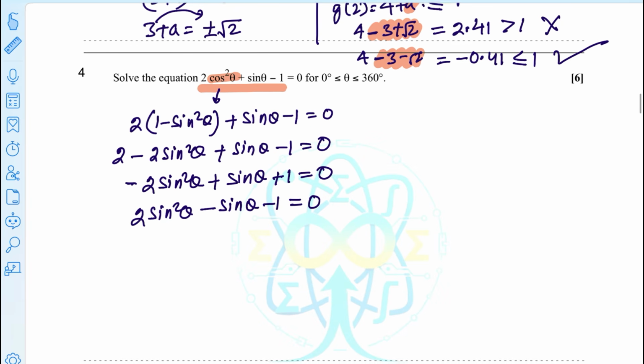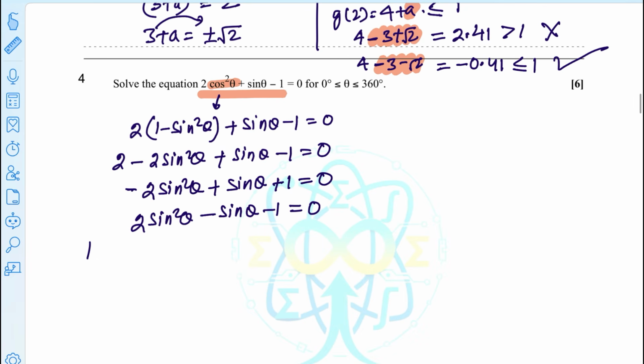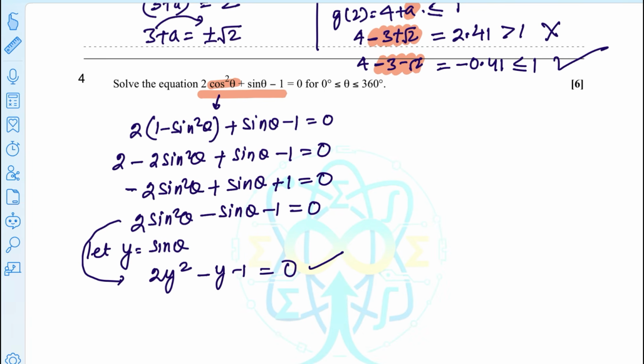So this is like a quadratic equation. Let, for example, y equals sin theta. So I can rewrite this as 2y squared minus y minus 1. If you factorize this, or use the quadratic formula, we can get the value of y. For example, I am getting y equals 1 and y equals minus half. Got it? So what is y I had taken?